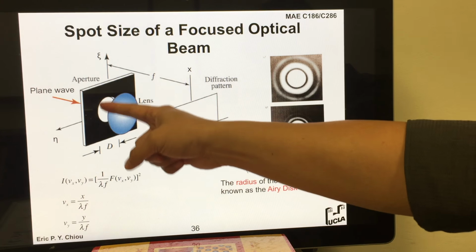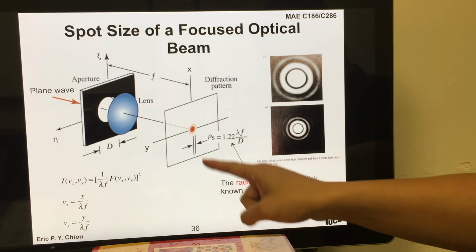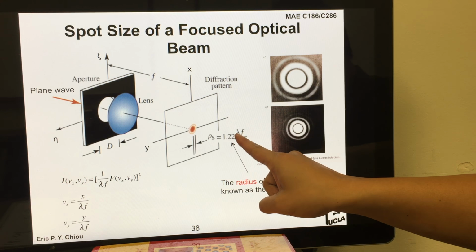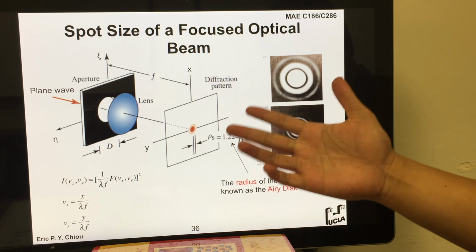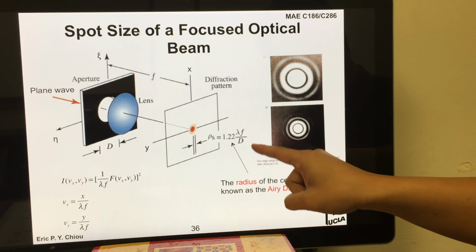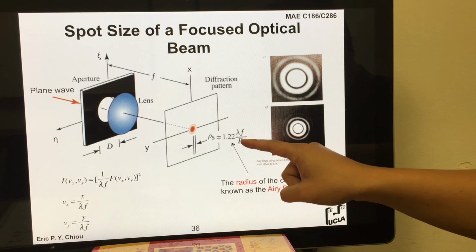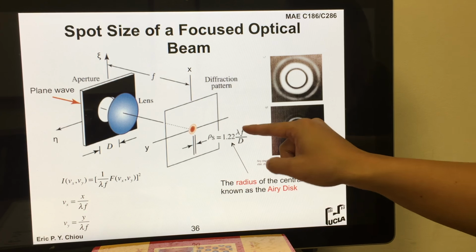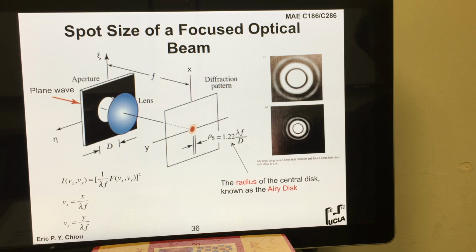It comes from your limited aperture size and from the wavelength lambda of the light you are using, so it comes from your numerical aperture. It comes from the light source and the numerical aperture of your optical imaging or projection system.